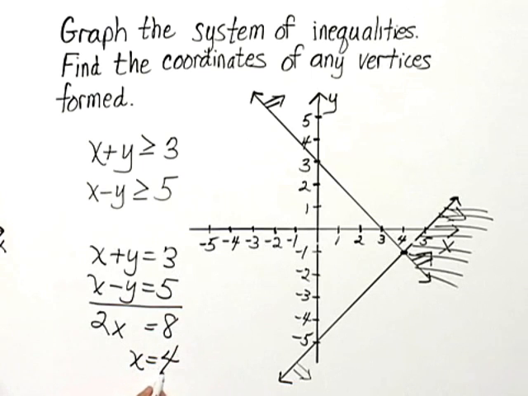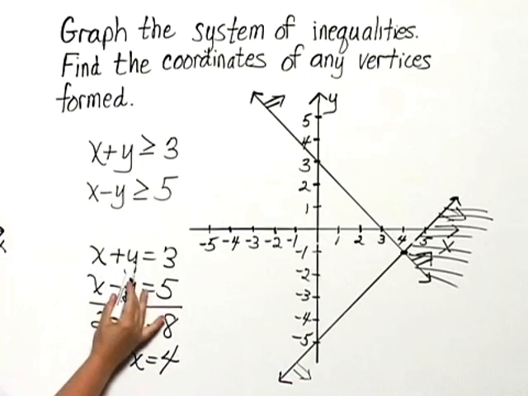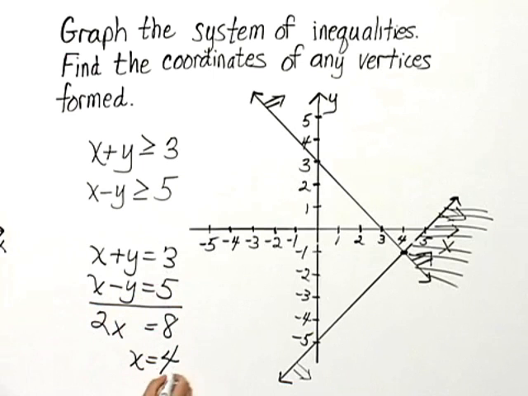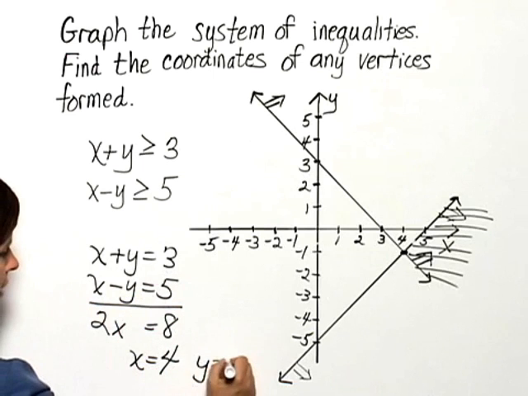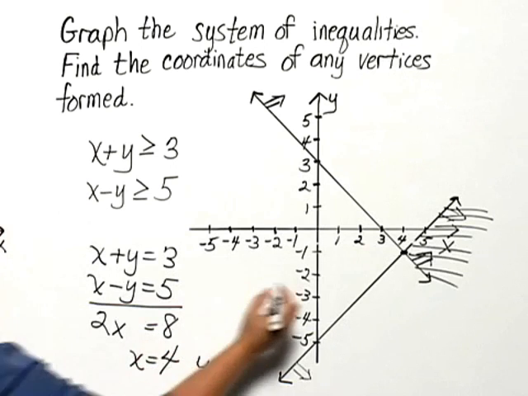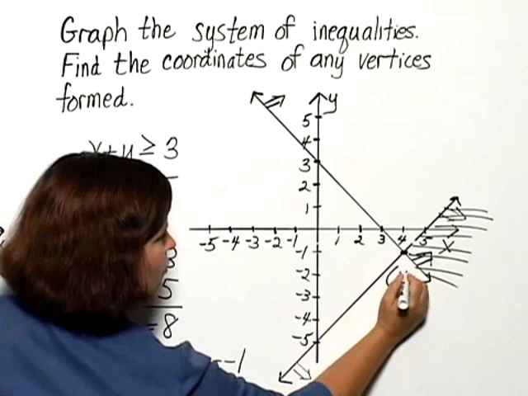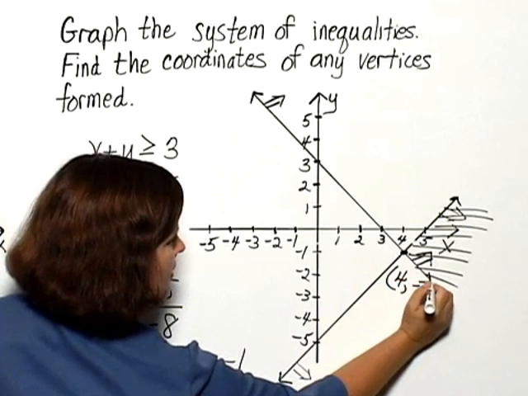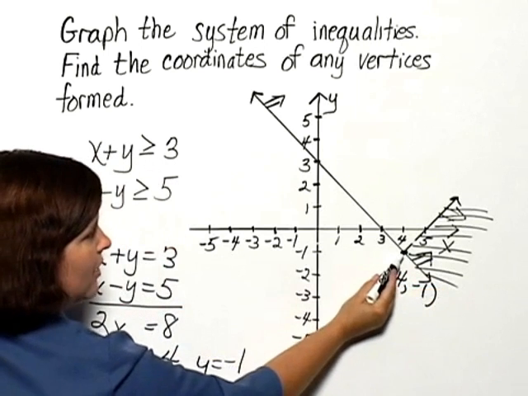Now, if x is 4, 4 plus negative 1 would be 3, so the y value has to be negative 1. And that is the point that it looked like. So we can label that the point (4, -1). That's the coordinates of the vertex.